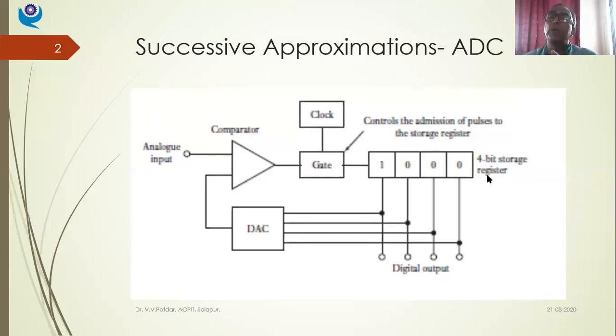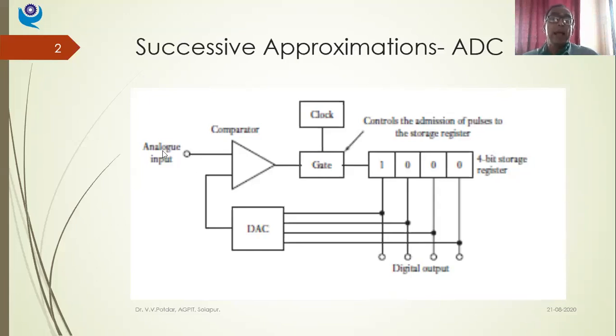Now, this digital output will be given further to either my microprocessor or microcontroller, which will be further processing the signal. As we know, microprocessors and microcontrollers can process only digital signals. So this digital output will be given to my microprocessor or controller for further processing, and thereafter it will go to my actuator. Okay, this is how the arrangement is.